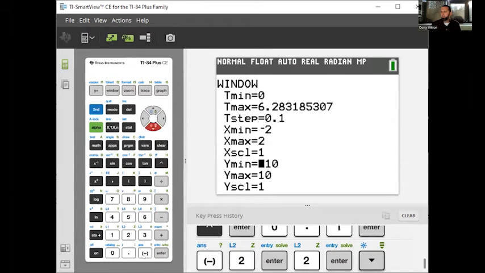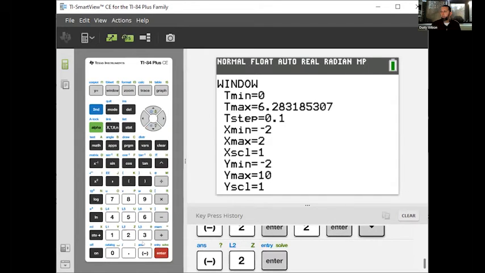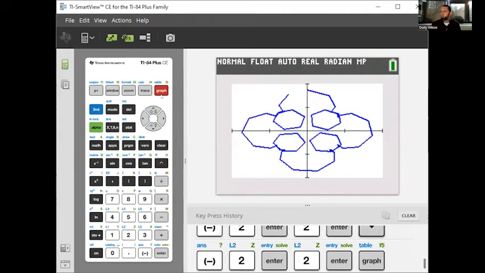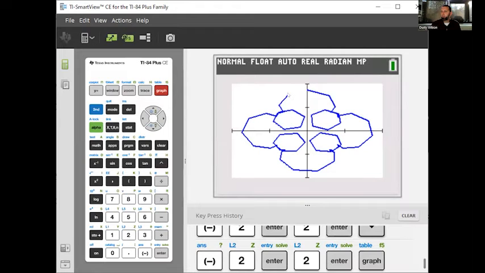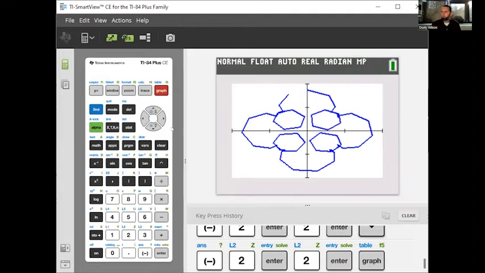Y minimum is -2, and y maximum is 2. And graph, and let's see what we get. Ooh, very fancy. Notice that the graph is not complete up here at the end. And it looks like we've got this very jerky, line-segmenty thing happening as we travel around our curve. So that's a pretty crazy looking picture.